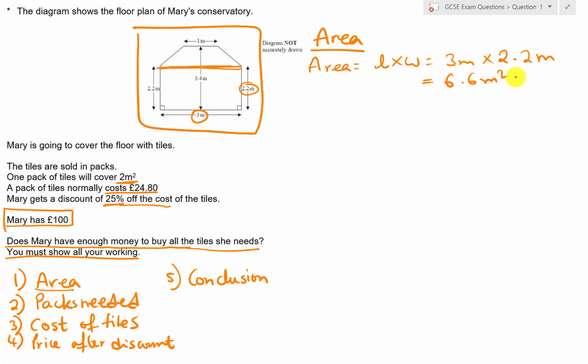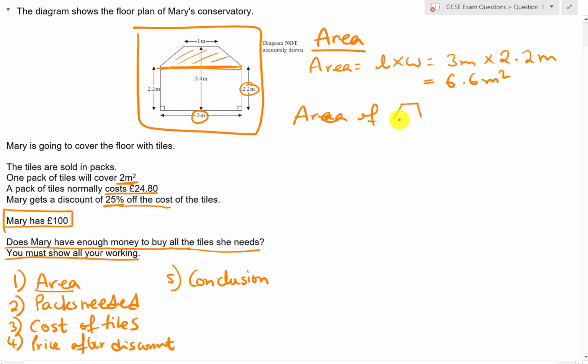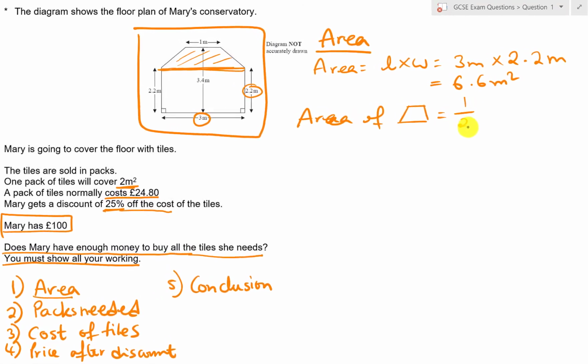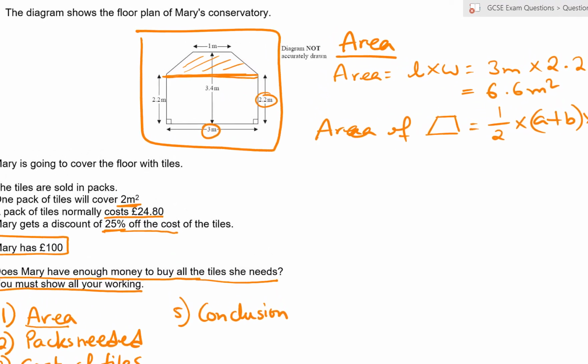So we found the area of the rectangle. Let's find the area of this trapezium here. So again, let's refer to our formula that we actually need to remember. Made a big deal out of the formula, so we need to use it now. Area of trapezium, we know it is half times A plus B times the height.